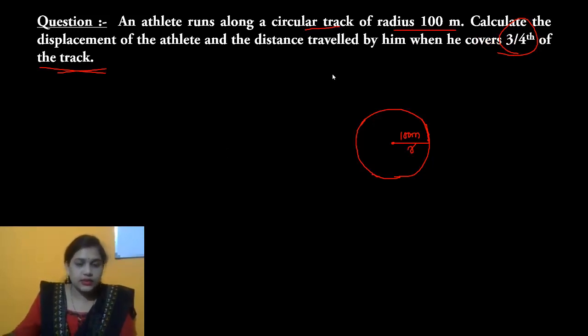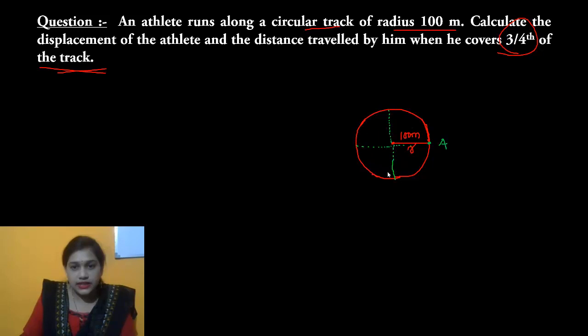Okay, so if you divide the circle into 4 parts, suppose an athlete starts from this position, this is point A, and he covers 3/4, that is this and this.